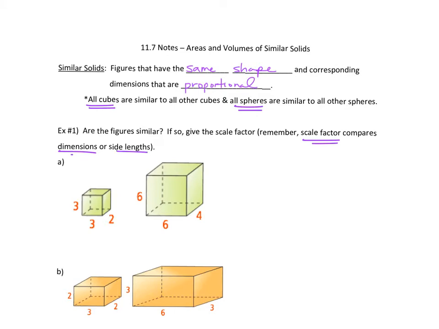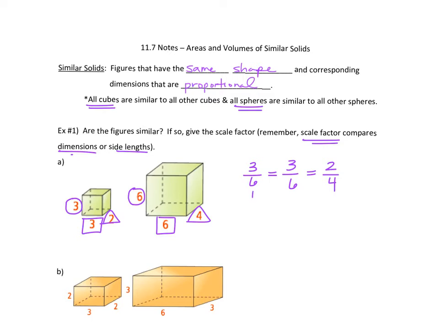Okay. So first you look at, are they the same shape? Yes, those are both rectangular prisms. Okay. Then you have to check, are the sides proportional? So I'm looking at 3 corresponding to 6. Does that equal 3 corresponding to 6 and 2 corresponding to 4?